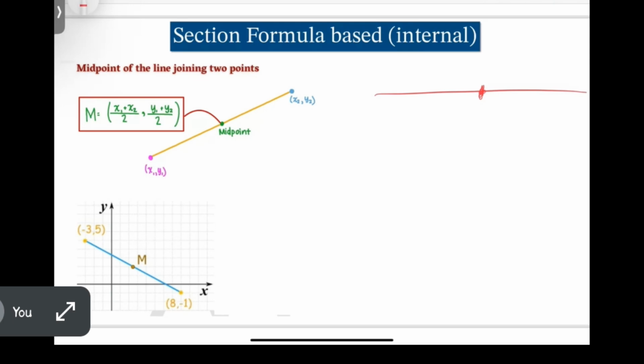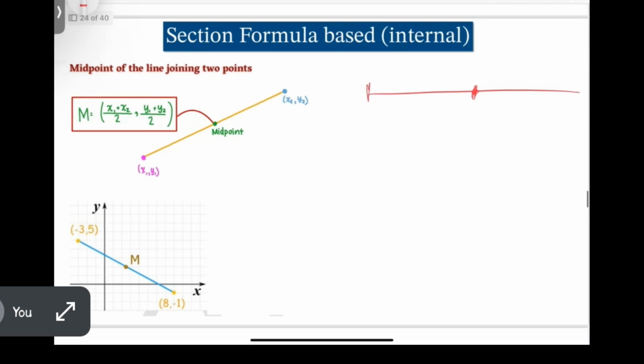But sometimes, let's say this is the line here, and this point is dividing this line into two equal parts, let's say 2 units and 2 units. Then in that case, we say this one is the midpoint. If this one is the midpoint, then the formula is this one.